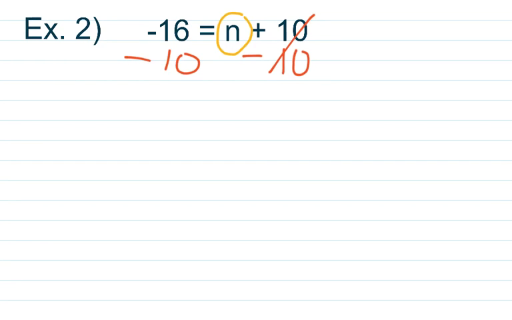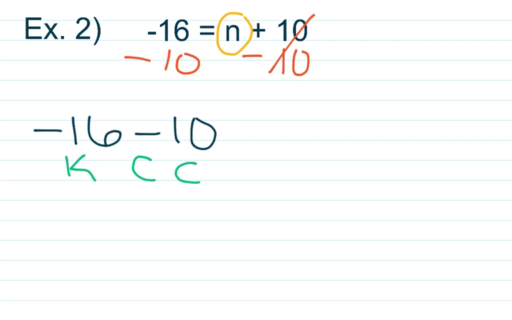So it's going to be negative 16 plus 10. This is where I recommend that you slow down, rewrite the question horizontally. Negative 16 minus 10. Now we've talked about a 3-word process, referred to as keep, change, change. Let's abbreviate for now. Keep.